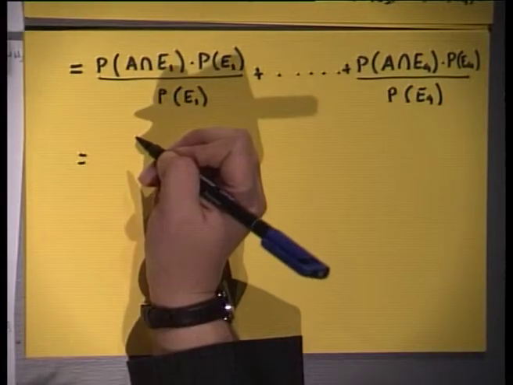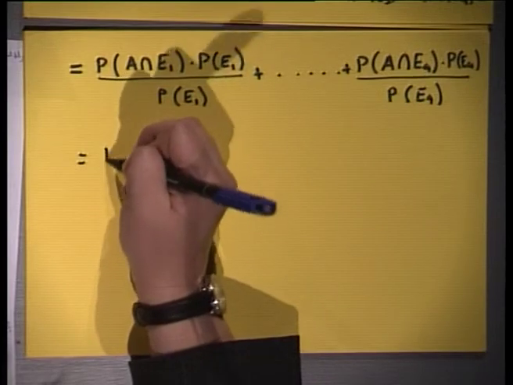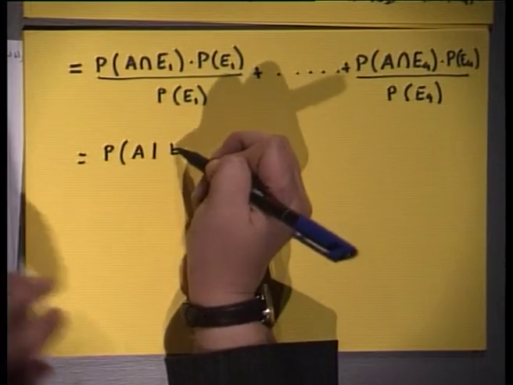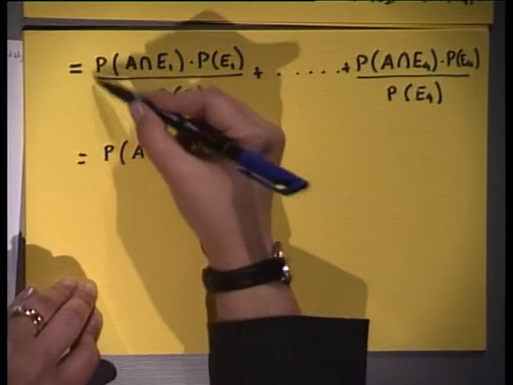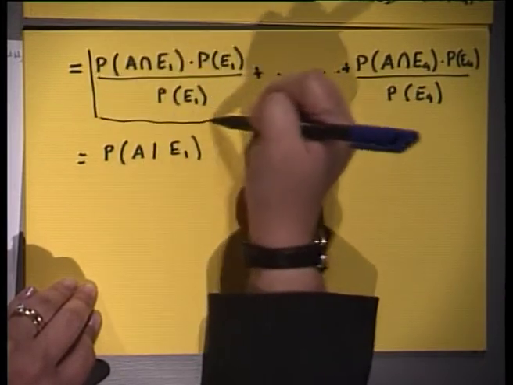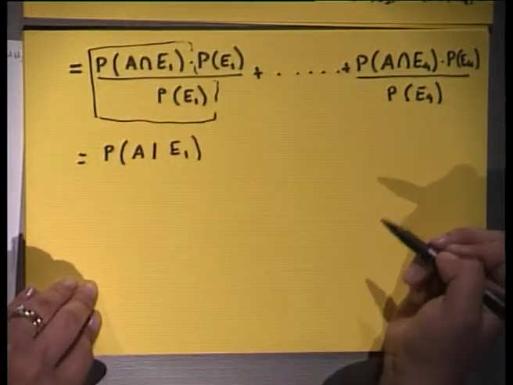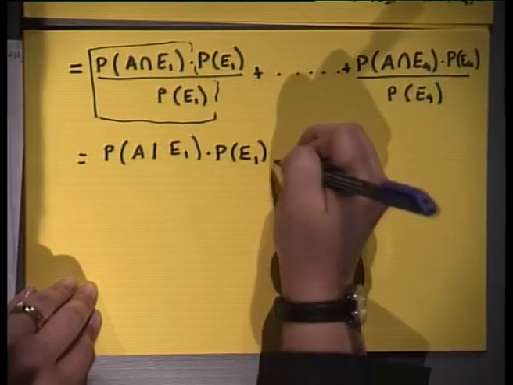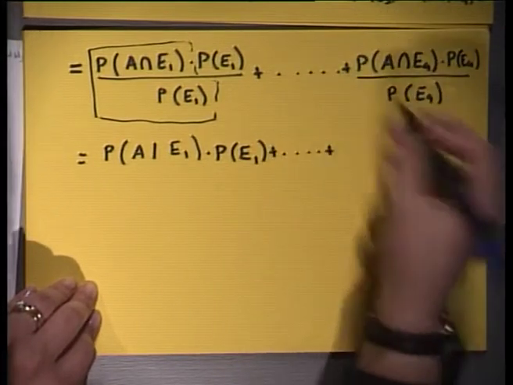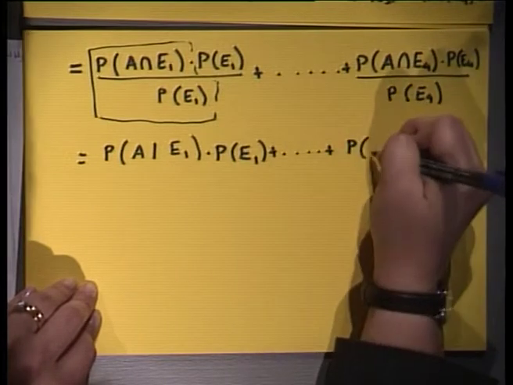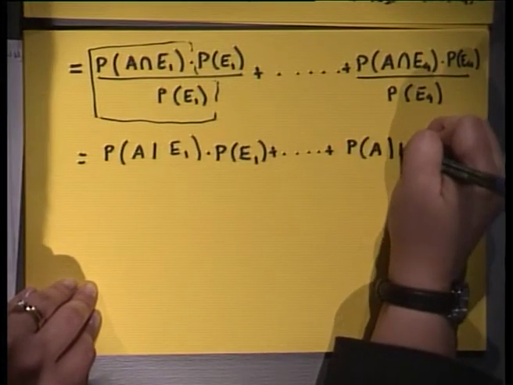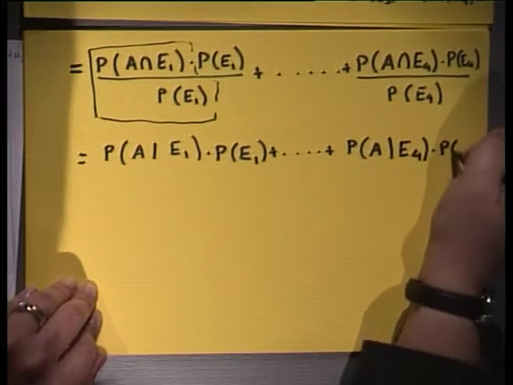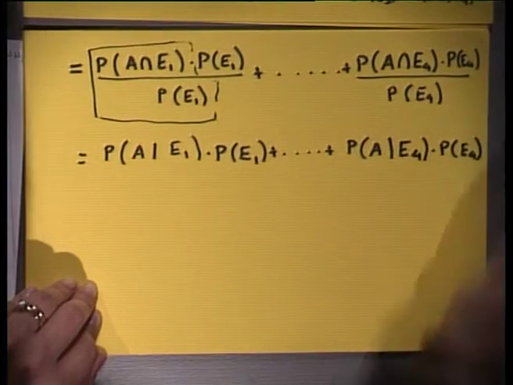And from here we have that this will be A given E1. We see that this part here will be the conditional probability times the probability of E1, and the same way the rest of them, up to the conditional probability times the probability of E4.